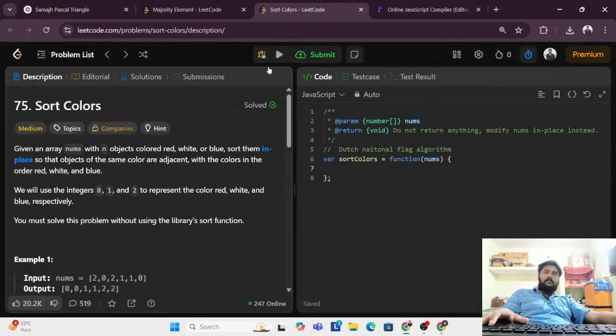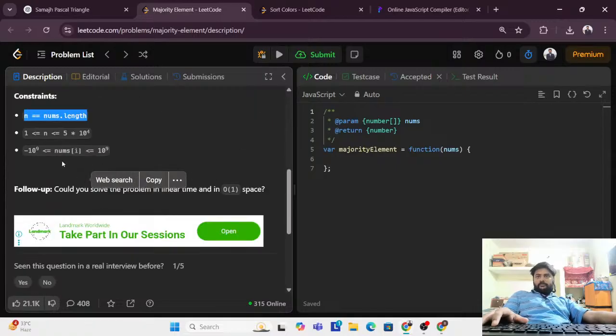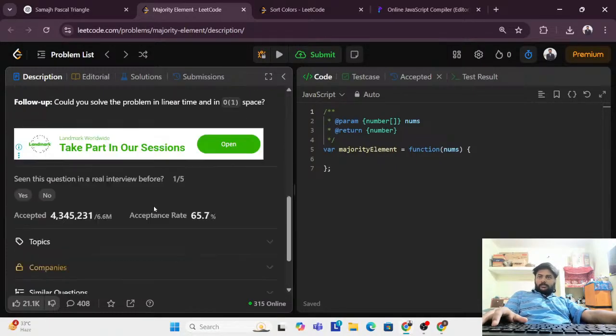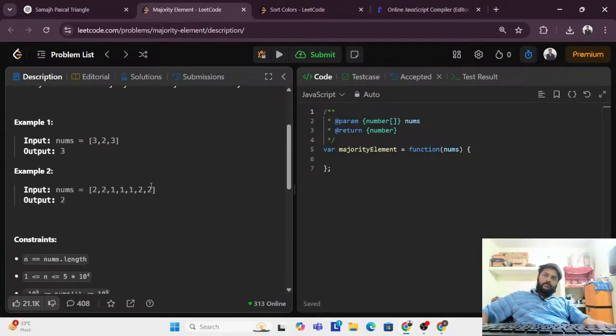Okay, so we are going to solve this problem. We have nothing, right? So now we can solve this problem. First solution, you can use a for loop.